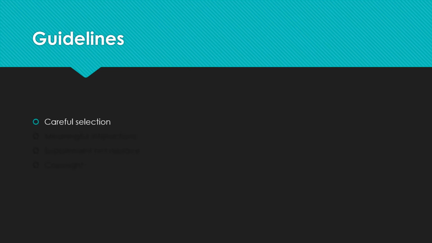First things first, you have to carefully select what images, what videos you're showing. Make sure they match up with your content objectives and your goals for your students. Don't just show a video because you want to or because you like it. Make sure it actually matches up. The next two go hand in hand.